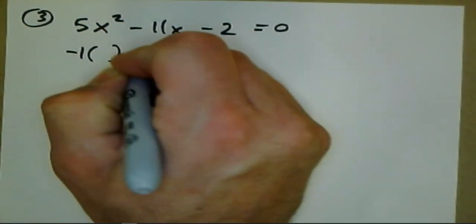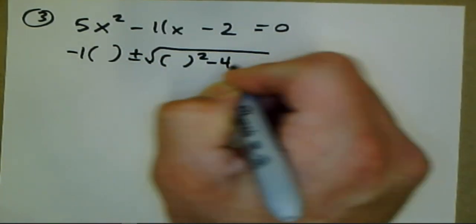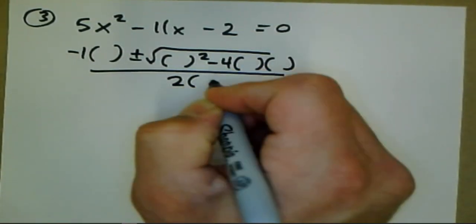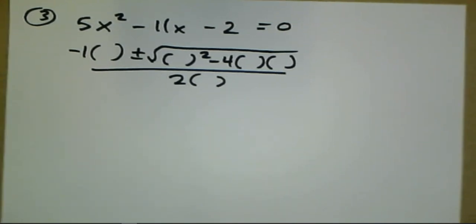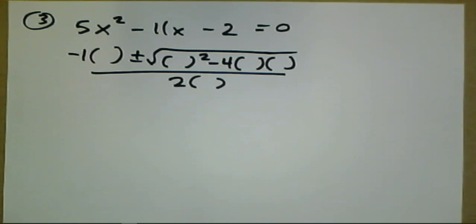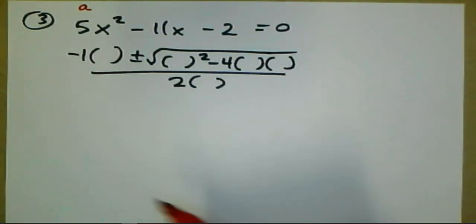All right, once again, quadratic formula, negative b plus or minus the square root of b squared minus 4 times a times c, all divided by 2 times a. The x squared is always the a value.